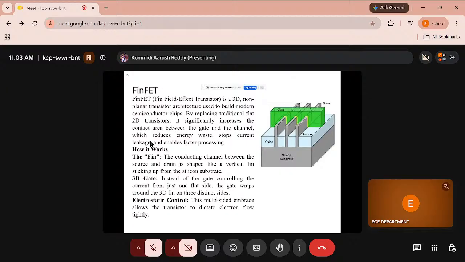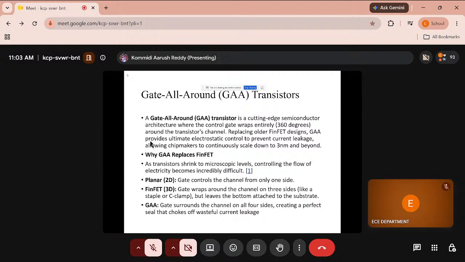Right? So coming to the next advanced technology. Next slide, please. So gate-all-around technologies. What are gate-all-around transistors? It is a cutting-edge semiconductor architecture where the control gate wraps entirely 360 degrees around the transistor channel.